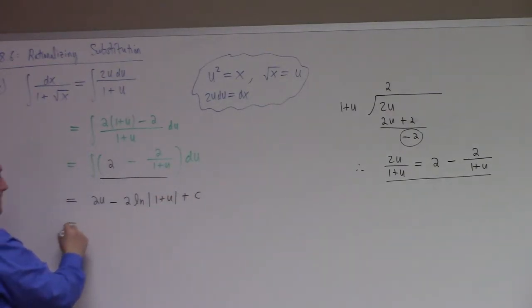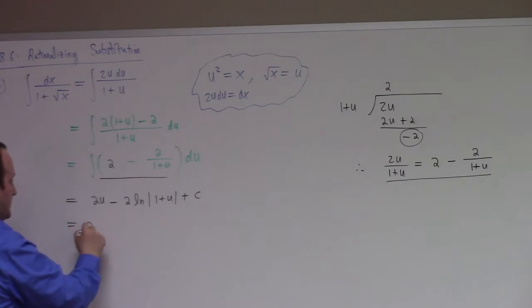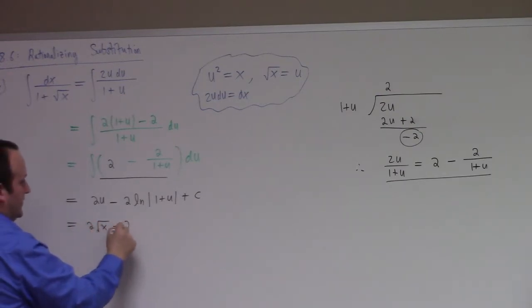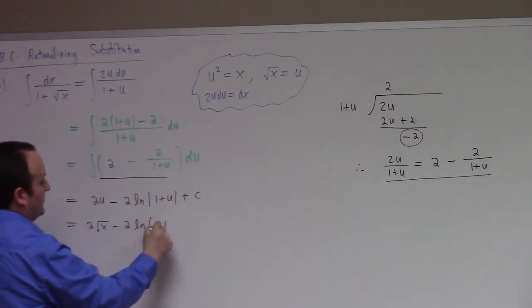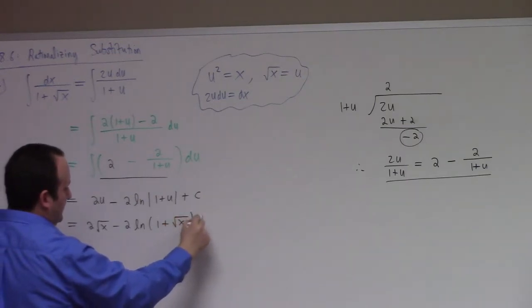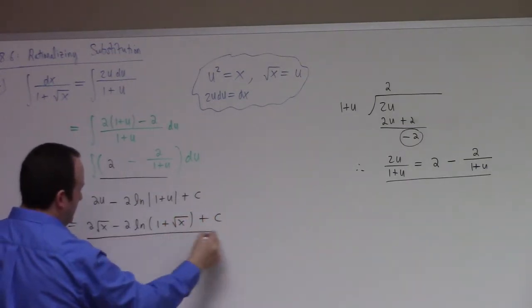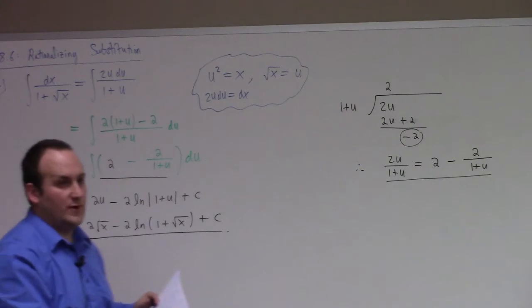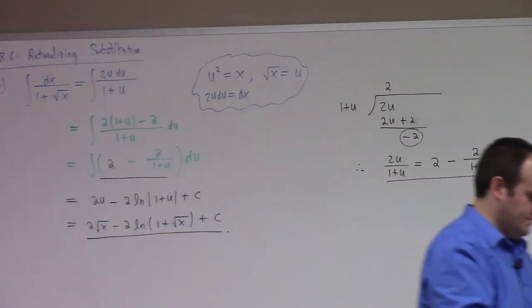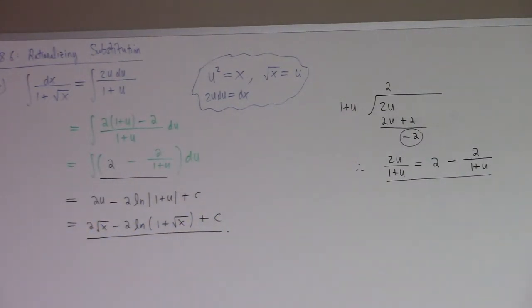Which is what? 2 square root of x minus twice the natural log of 1 plus the square root of x. I can safely delete the absolute value bars because why? Right, exactly.